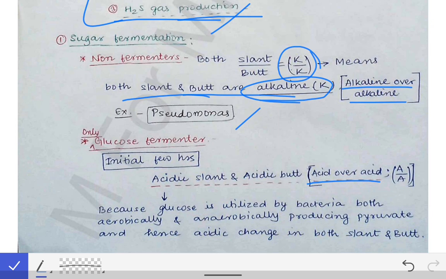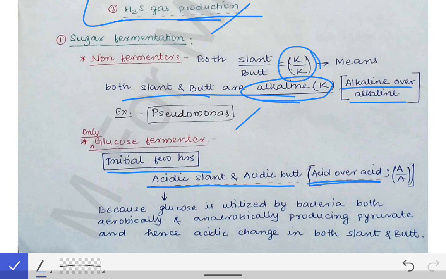So in the initial few hours, they will be giving an acidic slant and acidic butt. That means both the slant and the butt will change the color to yellow. That's why we call it the acidic slant and acidic butt, and it is read as acid over acid. Why is this so?